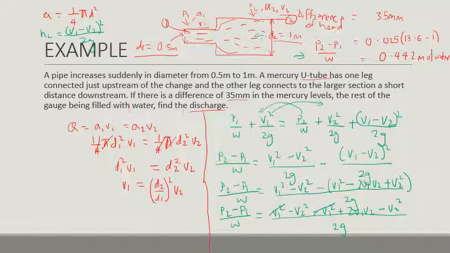So let me see if I can write it in this small space: 2V1V2 minus 2V2 square over 2G, and we can still simplify this further to get 2V2 into bracket V1 minus V2 over 2G.